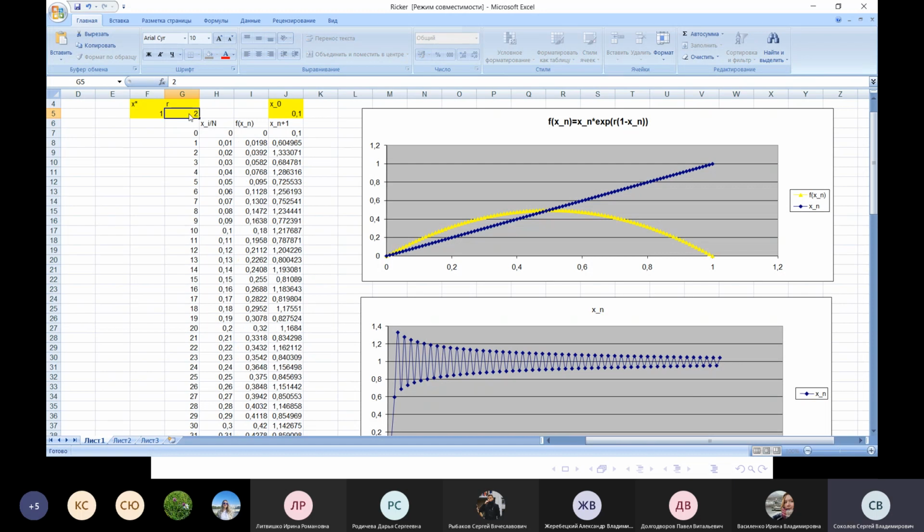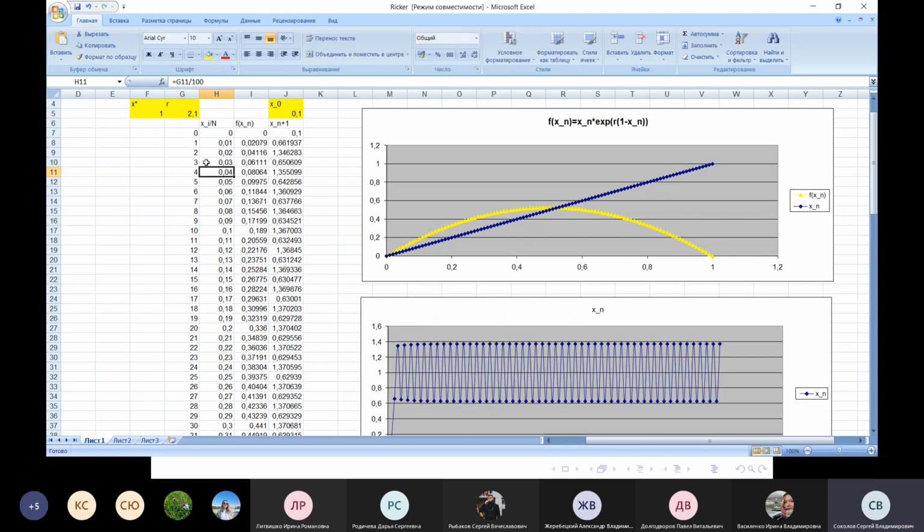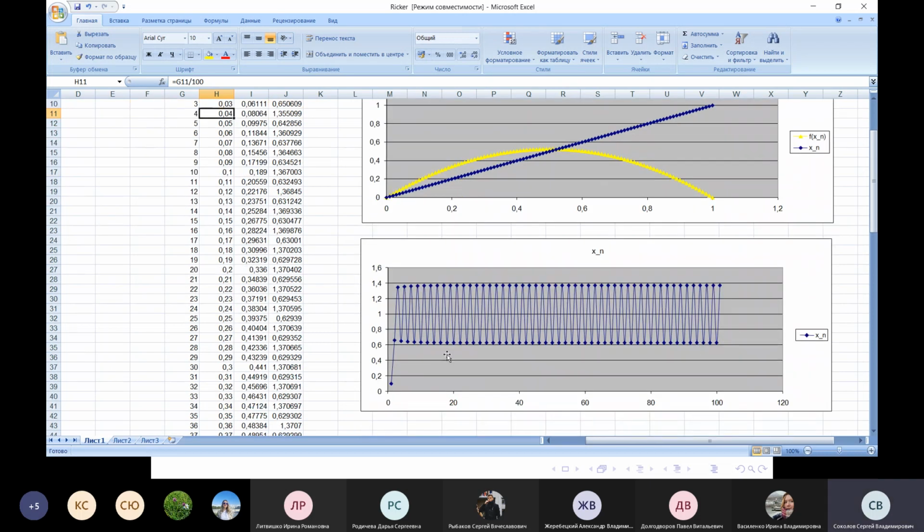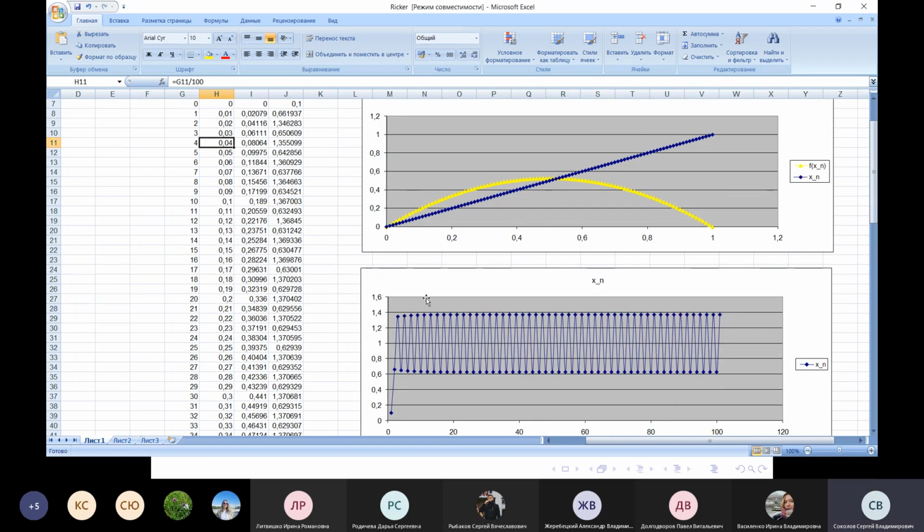When R is 2, they are still oscillating, but if R becomes greater than 2, we see that oscillations become stable. So for 100 of steps, there are oscillations, and the solutions oscillate between 0.6, it's here.